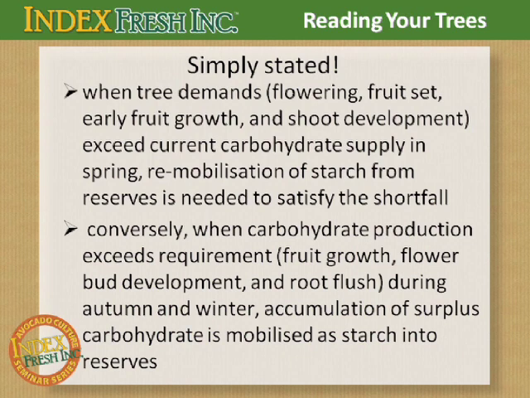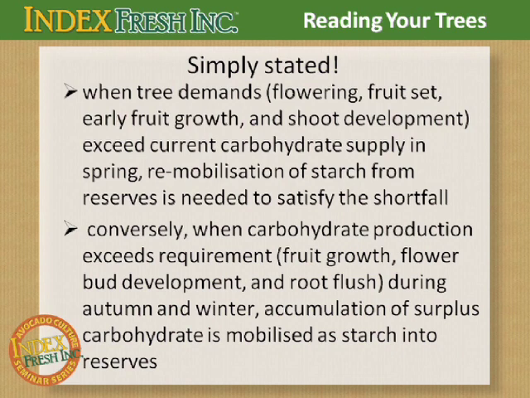So every single tree that you have loses or requires starch from reserves in the spring, and in the winter and in the autumn, when trees are more quiescent, in other words, there's less activity in the tree, then the tree is able to produce more starch than it needs for its current activities, and that extra starch goes into reserves.